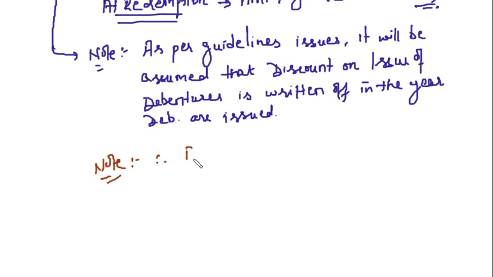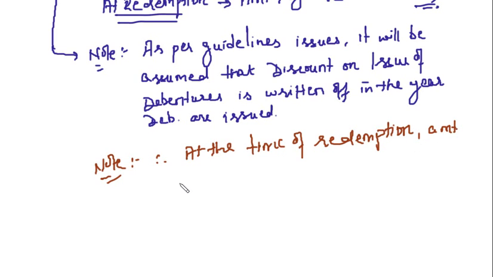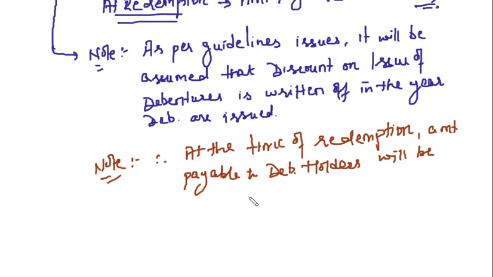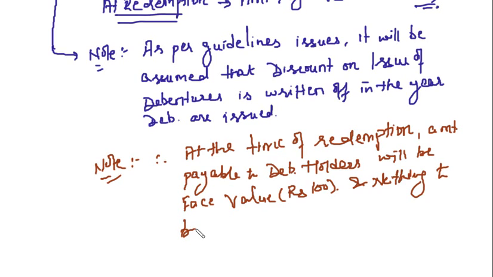Therefore, at the time of redemption, amount payable to debenture holders will be face value, rupees 100, and nothing to be done for discount.